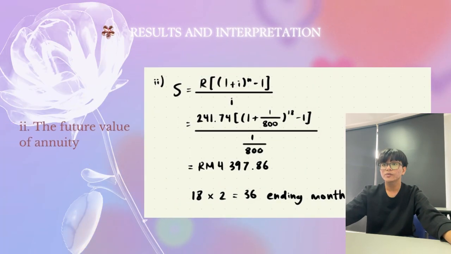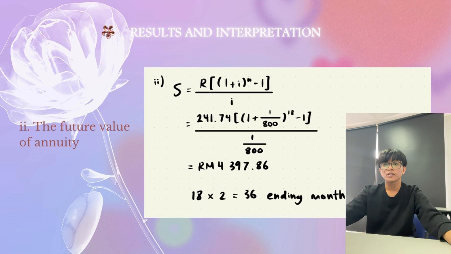Question 2 is the future value of annuity. We have to use the second formula, S equals R open bracket 1 plus I close bracket to the n minus 1 close bracket, per I. R we get from question 1 and we have to find S, the future value of annuity.